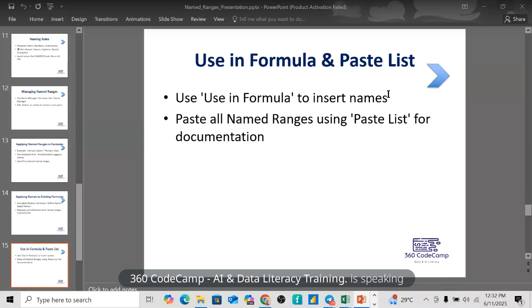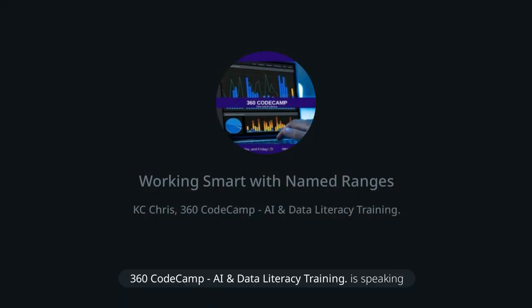Then, using formulas and Paste List. When we have created name ranges, maybe up to 10 name ranges, we want to be able to store them somewhere. You can use the option to insert names or use Paste List.